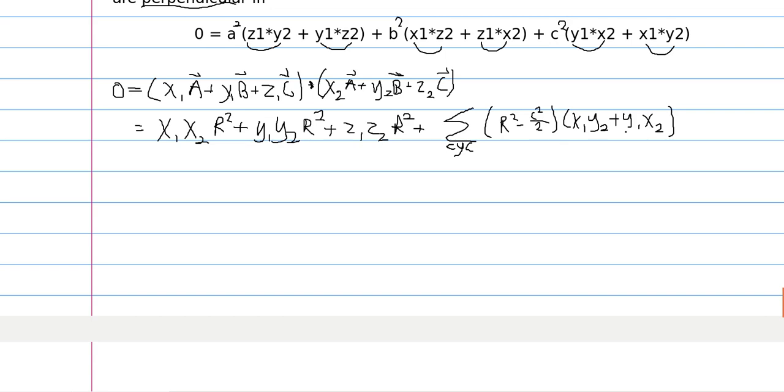Now, let's think about factoring this r squared here. Because we have an r squared, but we have this minus c squared here. Since this is negative, it's natural to bring it to the other side. So we have, again, the cyclic sum of c squared over 2, and then this stuff.